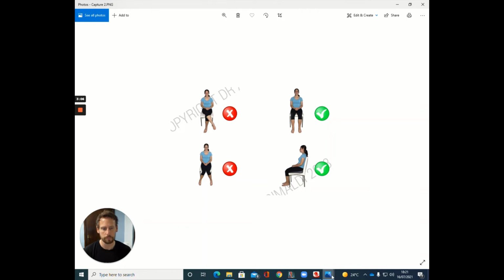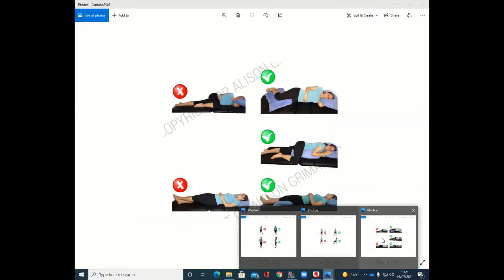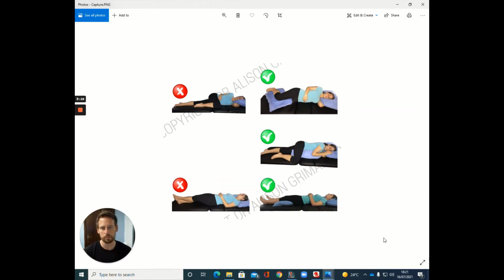The other common place where people often report pain with this type of problem is sleeping positions. So if you're sleeping on your affected side, you're often then compressing that tendon for anywhere up to 6 or 8 hours, which can then make it pretty sore. And similarly, if you're crossing your legs when you're lying on your back, you're going to get a similar issue. So probably the position where you're going to get the least amount of compression is lying on your back.